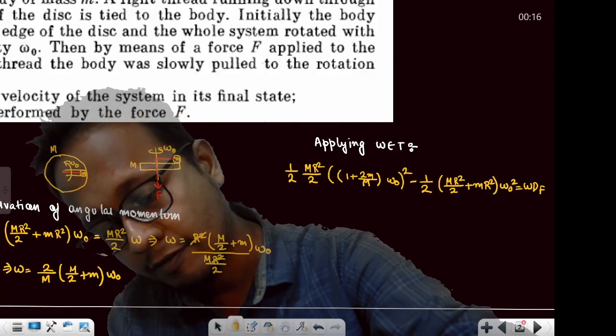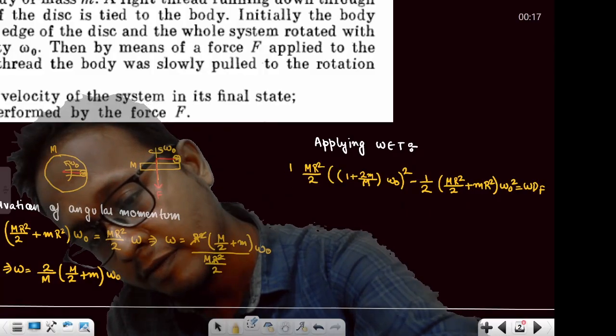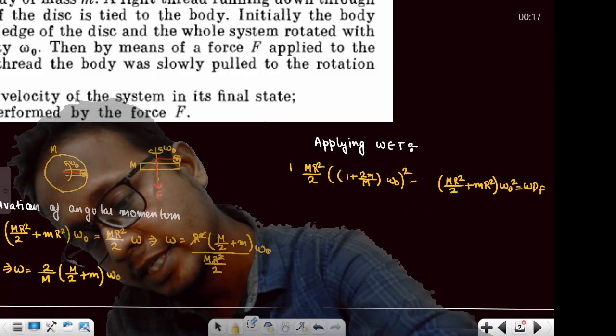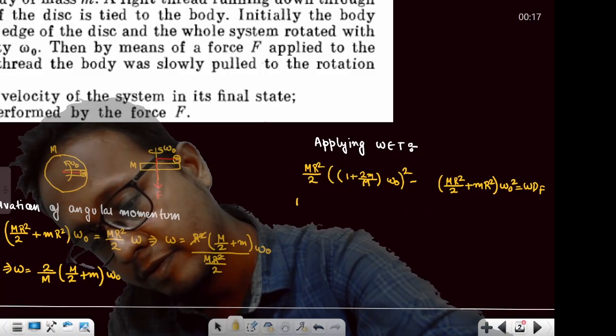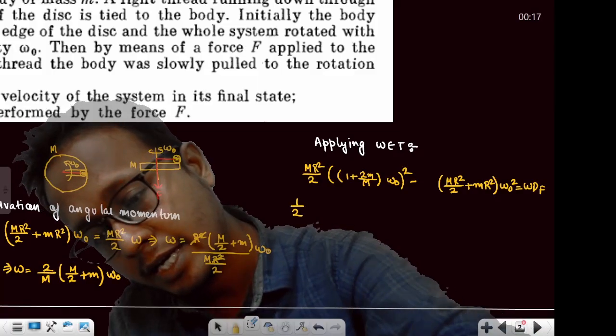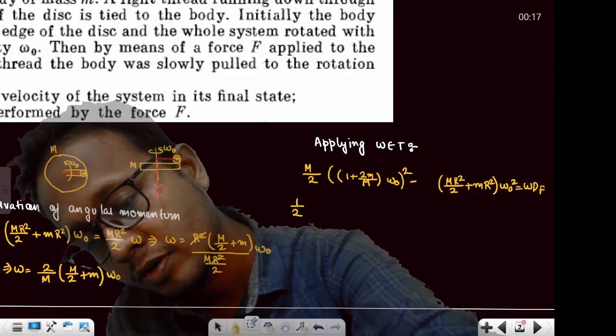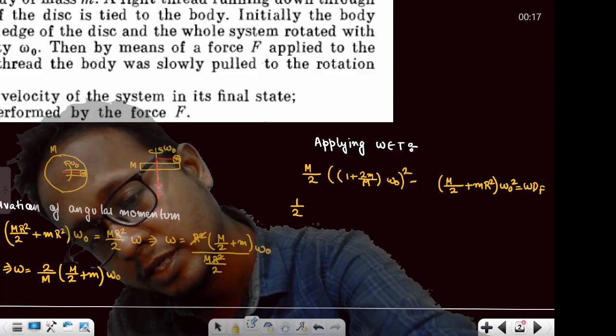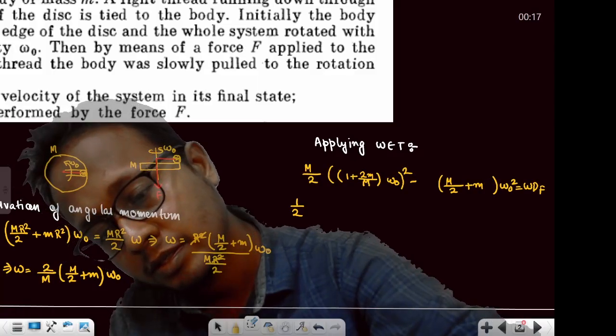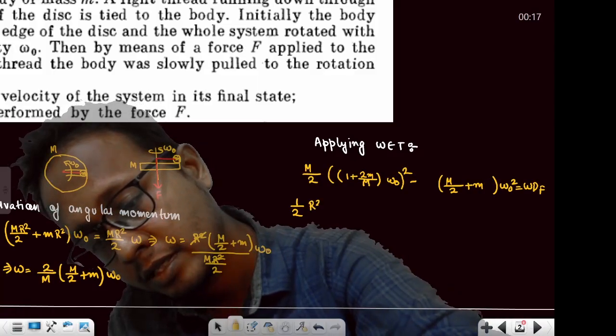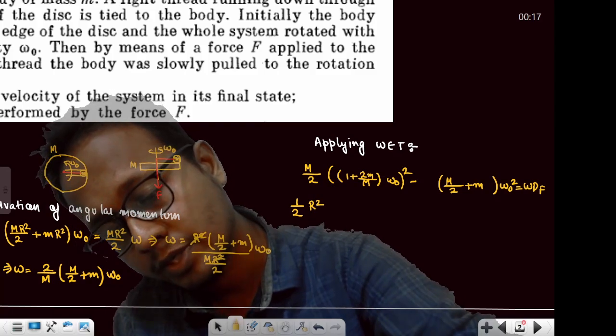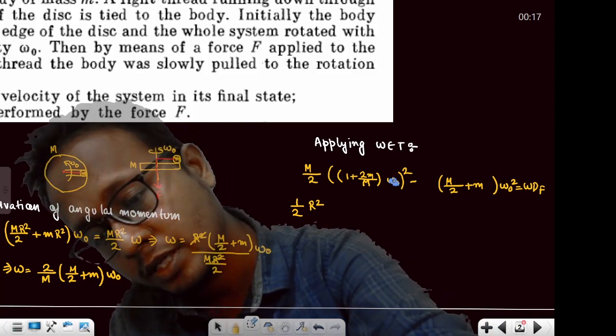So I'm taking half common. I can take r square also common. So half r square into omega naught square. I can take omega naught square common.